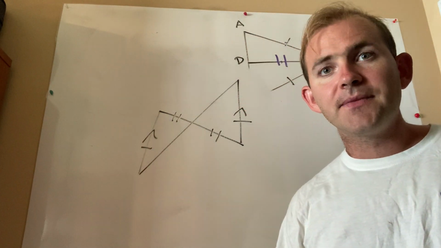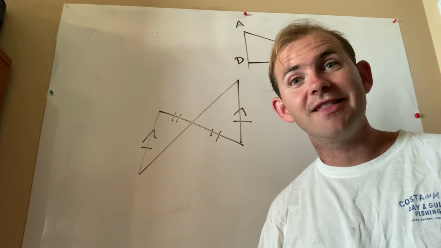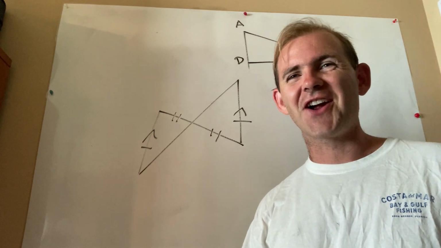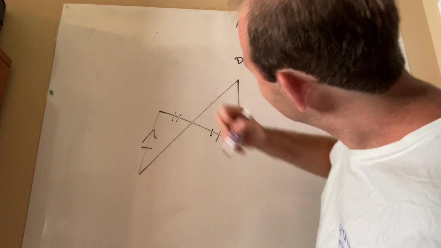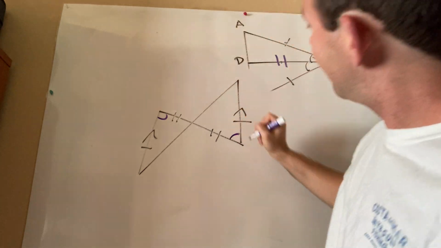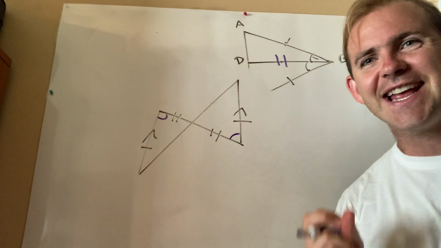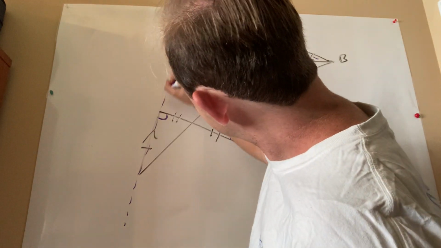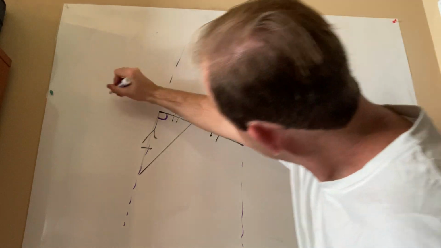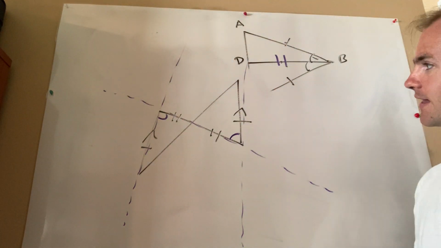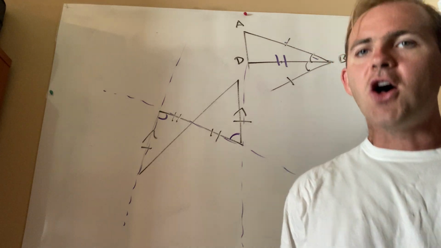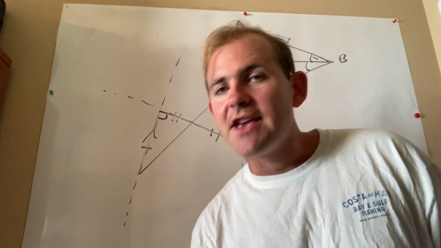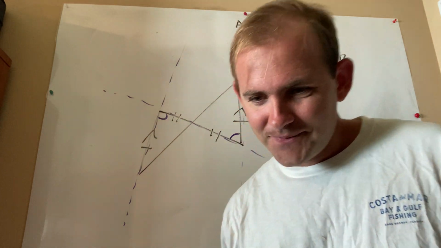Why does that matter? That matters because parallel lines that are cut through by a transversal form multiple pairs of angles that are congruent. And in this case, these two, believe it or not, are actually alternate interior angles. If you don't believe me, just extend these lines and extend the transversal. And lo and behold, you've got alternate interior angles that are congruent. So for number 6, it would be SAS.